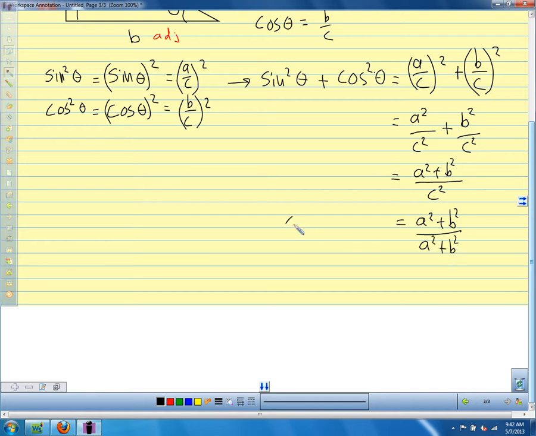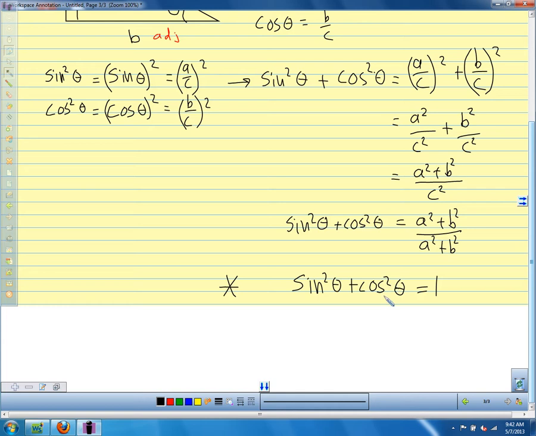And this is sine squared theta plus cosine squared theta. What's A squared plus B squared over A squared plus B squared? 1. I'm dividing some number by the same number. So this tells me that sine squared theta plus cosine squared theta equals 1.